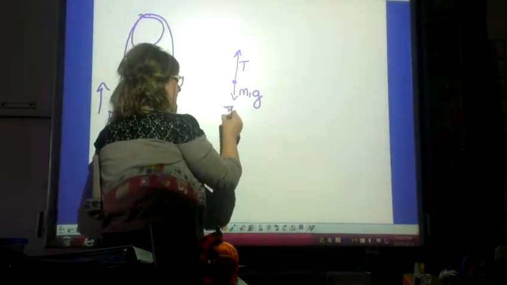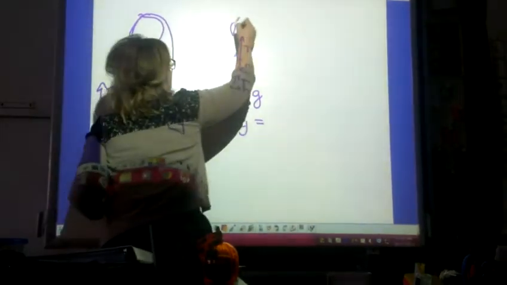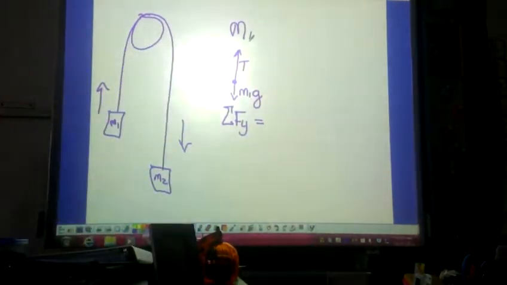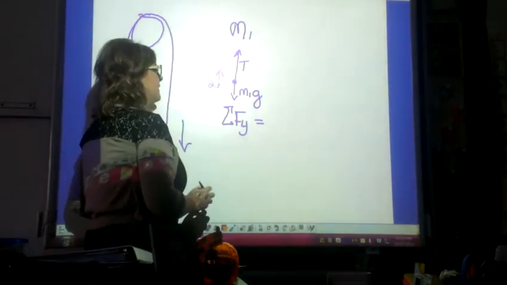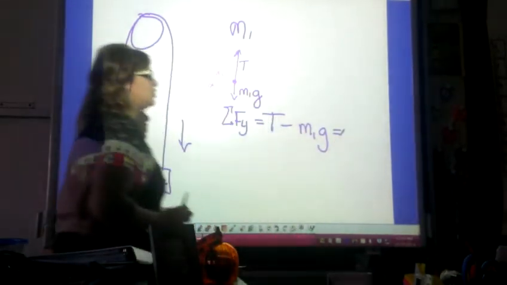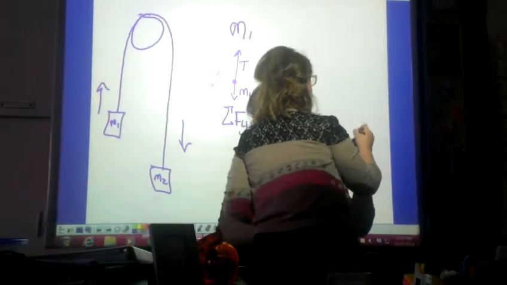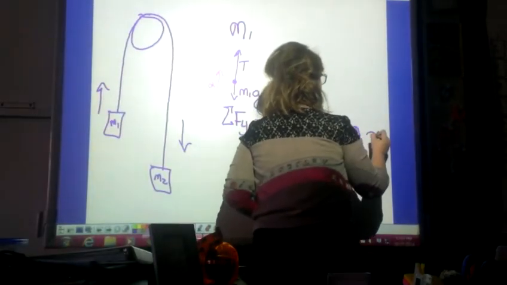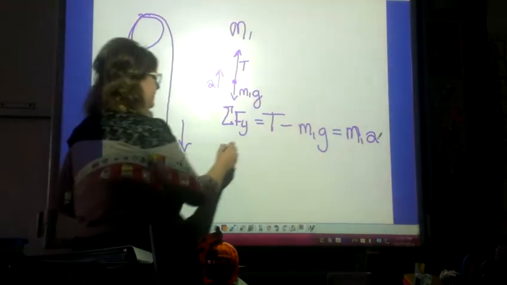So let's write a sum of the forces in the Y direction for this first object, mass 1. Since it's accelerating upward, there's my acceleration vector. It should be T minus M1G. And that should not be equal to 0 because we are accelerating upward. It should be equal to M1 times A. Okay, let me simplify this down then.